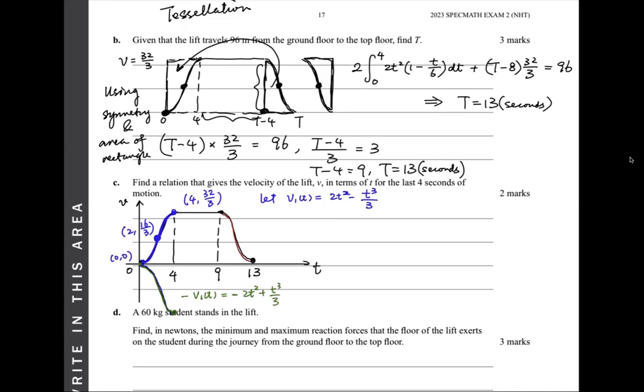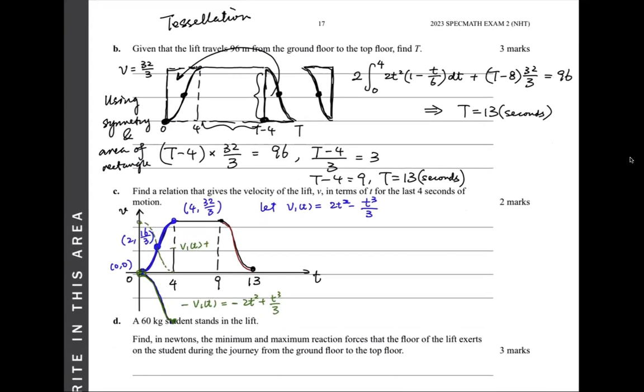And if I want to translate the green graph to here, this is minus V1 of t plus shifting by, how many units? From this point to this point, that's 32/3 units. Finally, I should shift this point to match the red point, by 9 units to the right, okay?